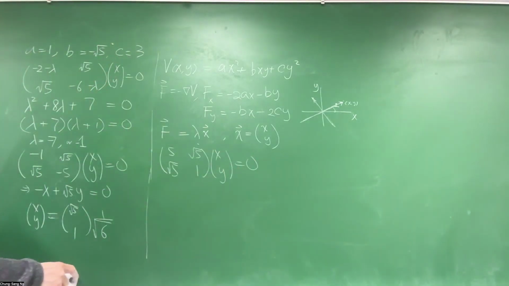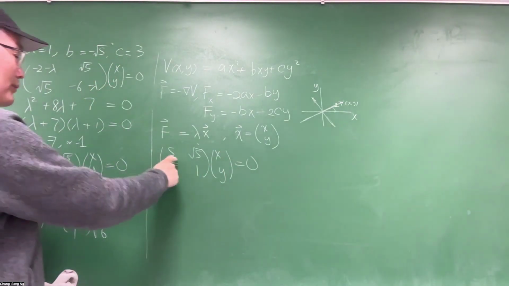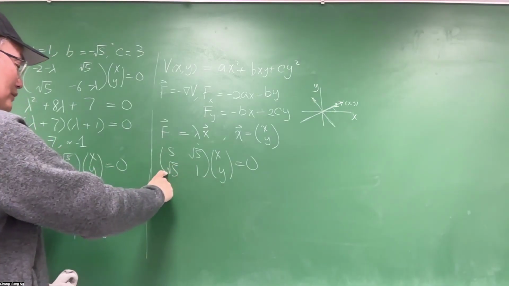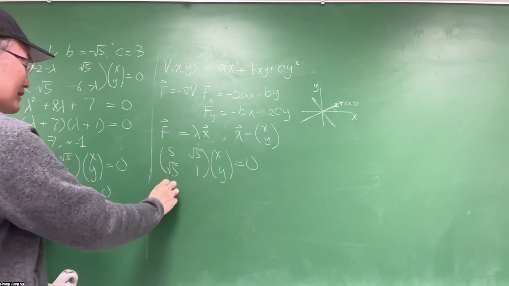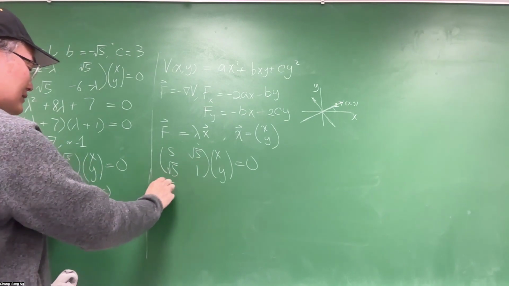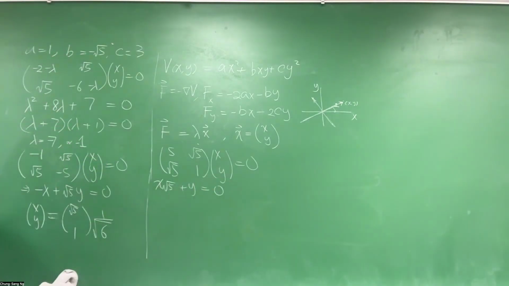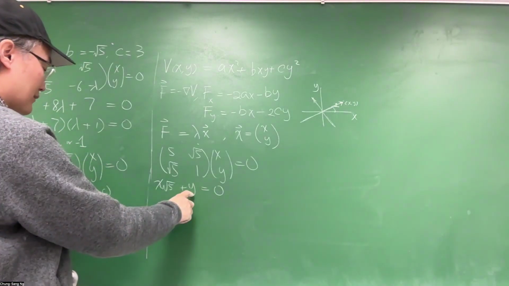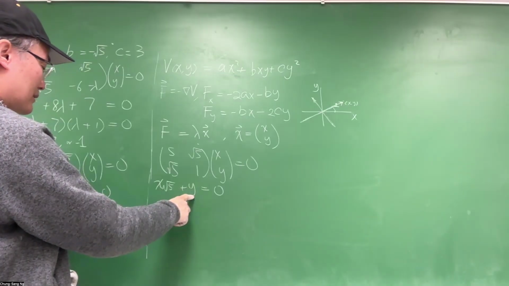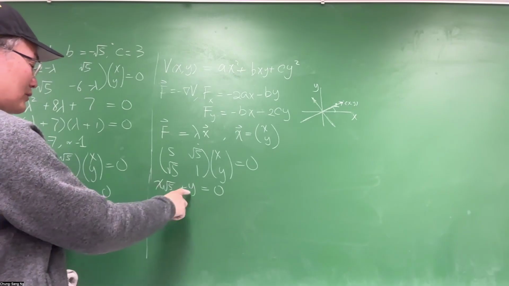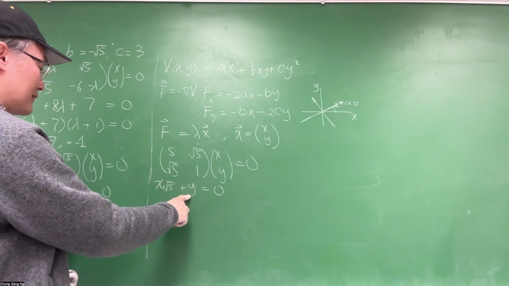So again it's linearly dependent, so you can use any one of them. Maybe the second one is easier. So it's 5x plus y is 0. Now it's easier to choose x equals 1, so y is minus square root of 5.